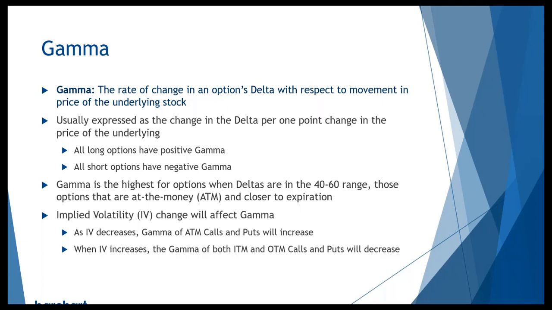All right, think about this again, and that's extremes. A deep in the money option or a far out of the money option already have high or low deltas, right? And so therefore they're going to have lower gammas because they can't move much more until they get closer to that 100 or 0 value. All right.